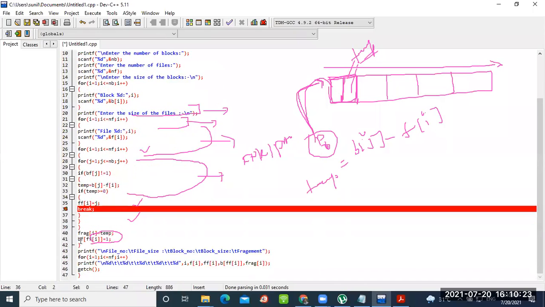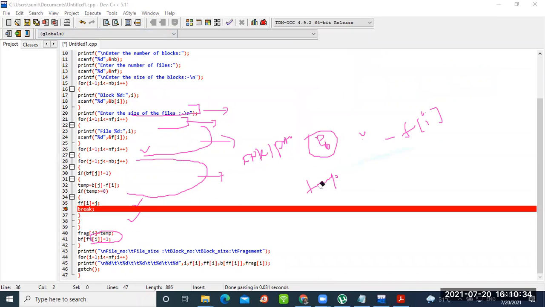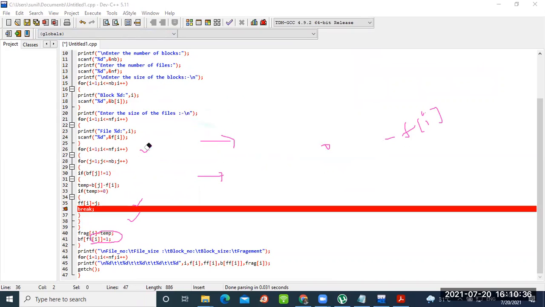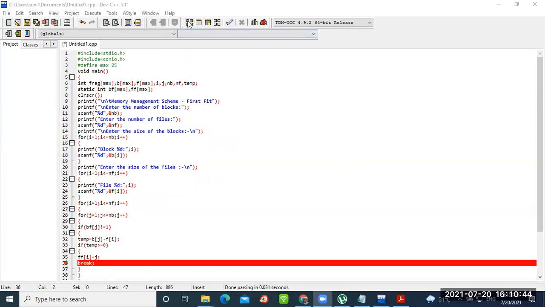Finally, this part is for displaying the output. So if I run this program and find the solution, let me see what we will get, whether we are getting the solution. We compile this one.